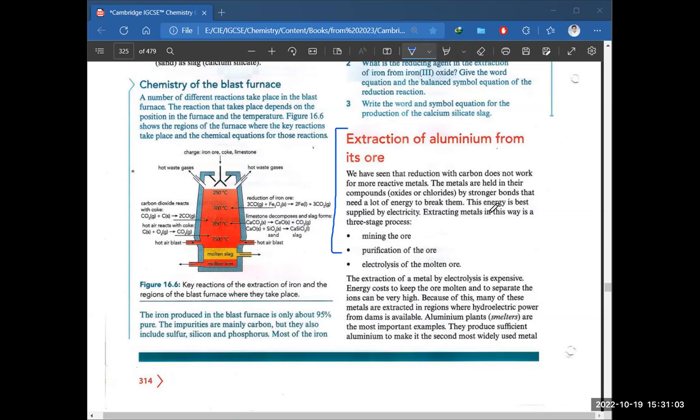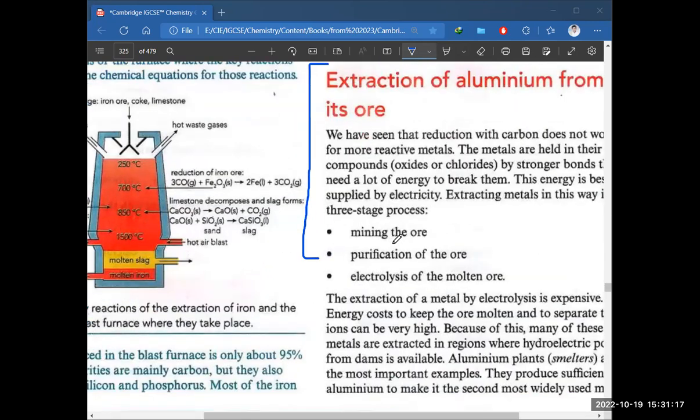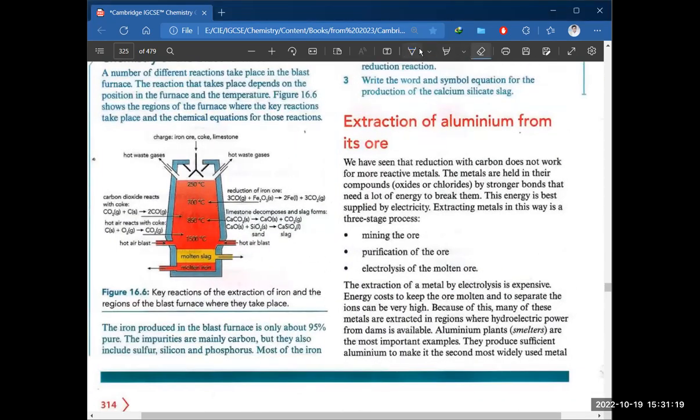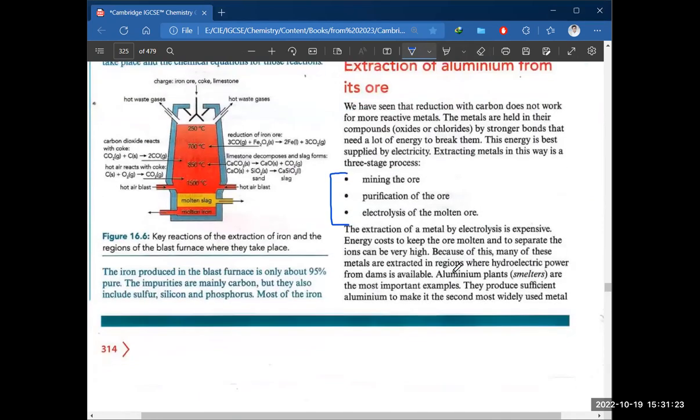This energy is best supplied by electricity. Extracting metals in this way is a three-stage process. Three. Mining the ore. Now stop. Lula, continue. Melting the ore, purification of the ore, electrolysis of the molten ore.